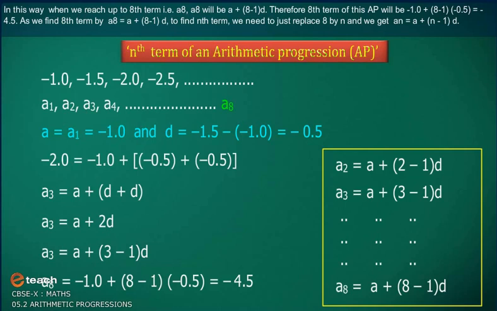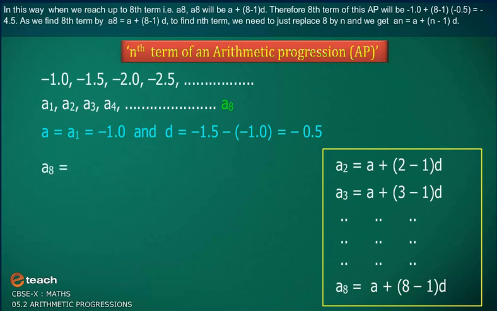As we find the 8th term by a8 is equal to a plus into bracket 8 minus 1 d, to find the nth term, we need to just replace 8 by n and we get an is equal to a plus into bracket n minus 1 d.